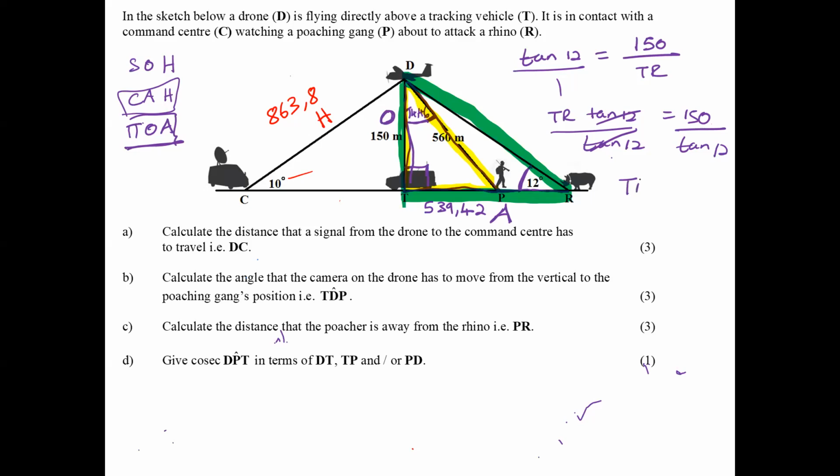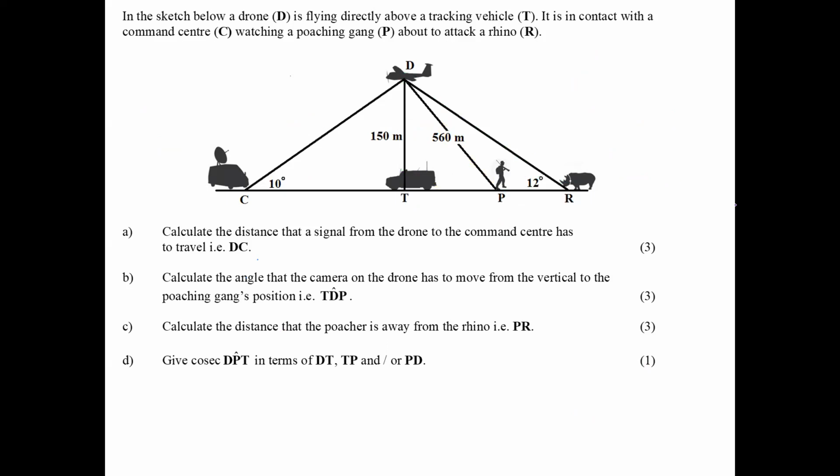Can someone type that in and give me the answer? It's 705.69, sir. Can someone confirm that? Yes, sir.